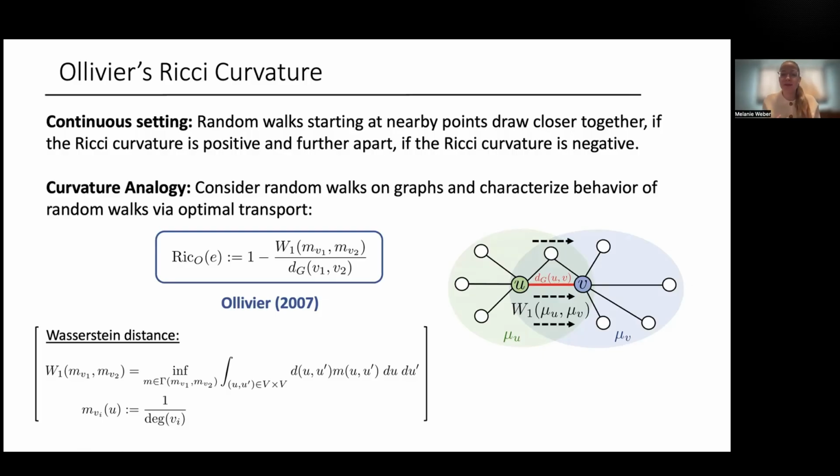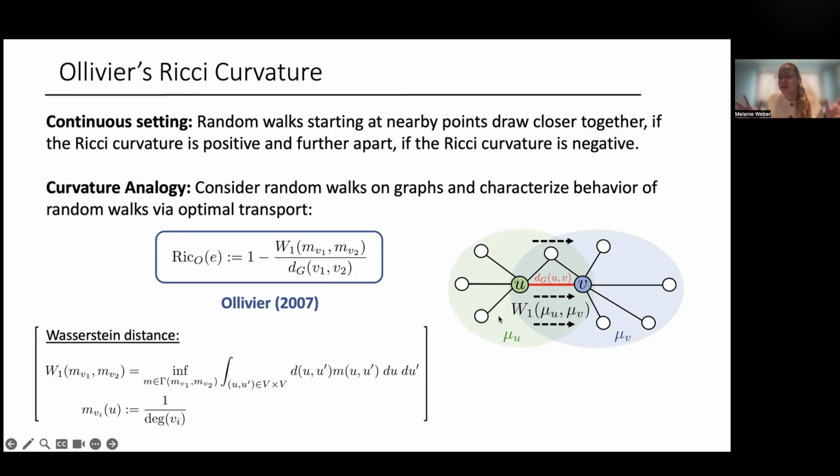Now, in the discrete setting, random walks on graphs is something that is well studied and well understood. So there's a lot of theory that we can already build on, right? So to mimic this behavior that we have in the continuous setting, basically what we want is that if we start random walks at adjacent vertices, let's say U and V here, and then to model a random walk here, we typically would say the transition probability is maybe something like 1 over the degree of U for each neighbor, right?